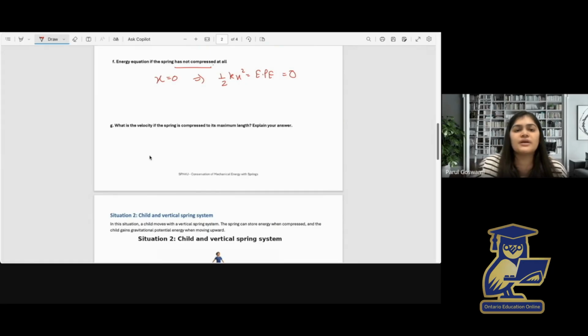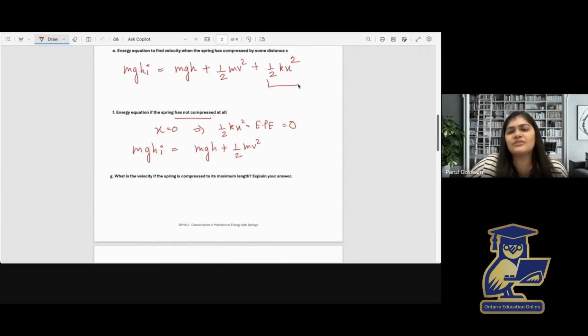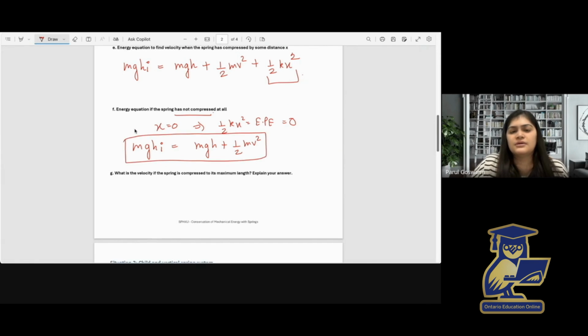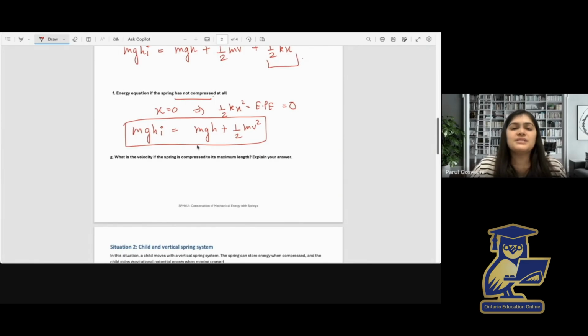So the equation becomes mgh initial equals mgh plus half mv squared. Since the EPE factor, half kx squared, is 0, this is the required equation whenever the spring has not compressed at all.